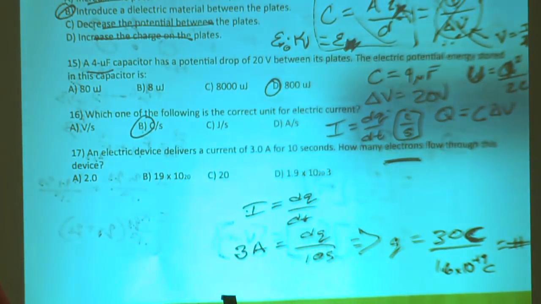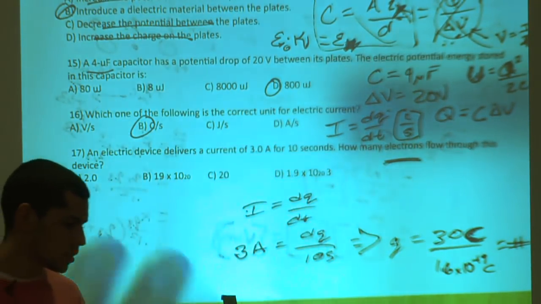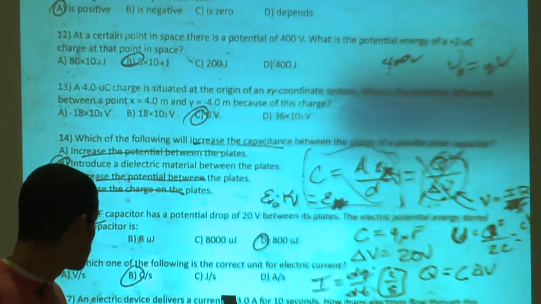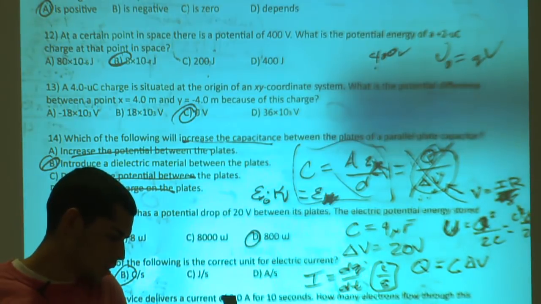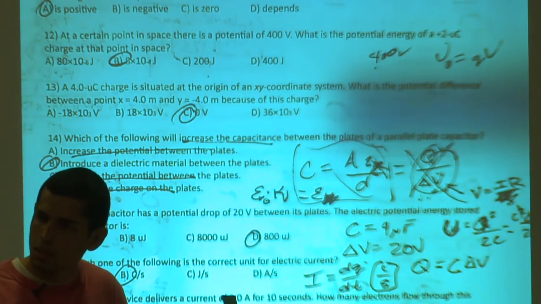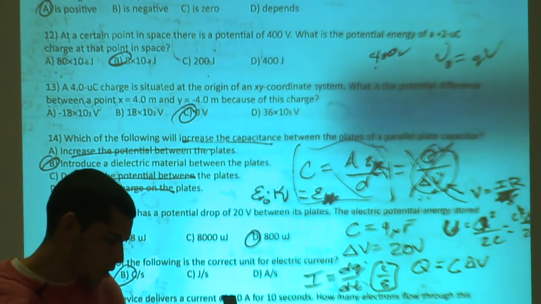I'm sorry, going back to 15, I just had a question. Is the watts supposed to be in terms of microfarads? Because if you do the calculation, you have the 4 times 10 to the negative 6, and then times 400 because 20 squared.